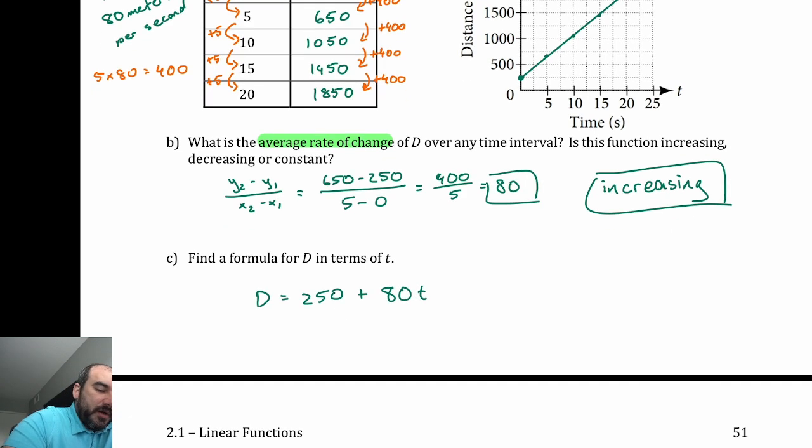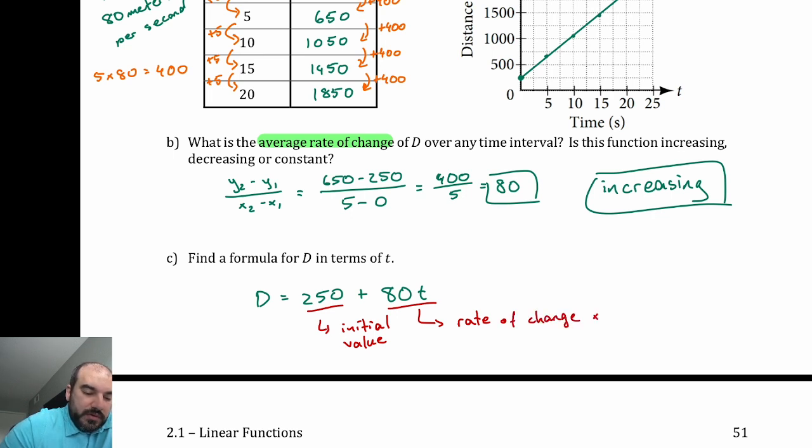So we can label these if you want. We can say this is the initial value, that's the 250, and then the 80t is the rate of change times the input variable.